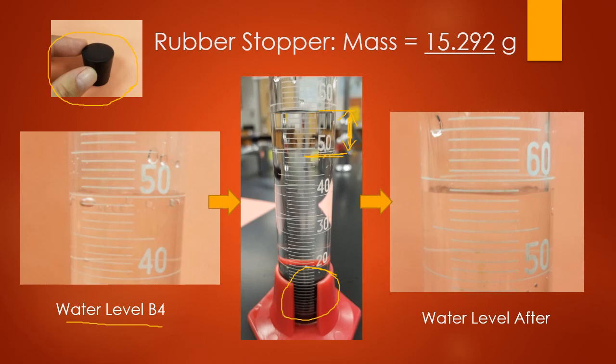Now we have the water level after, so it's not quite at the 60 yet, it's right around the 59 here. So record the water level after as well. And it's nice for this one because there's a data table that gives you the volume of the water organized nicely. A little bit easier, more clear.